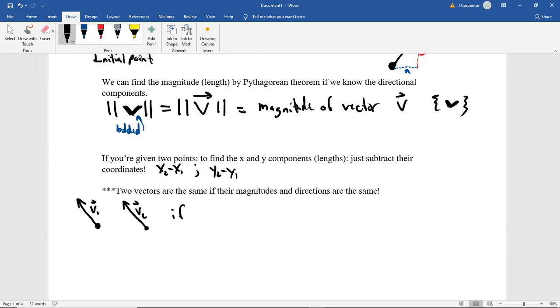So if v1 and v2 are the same length and point at the same angle, then they are the same.